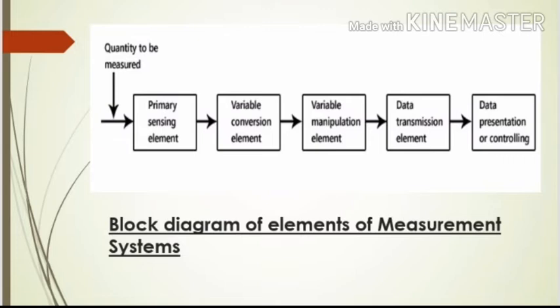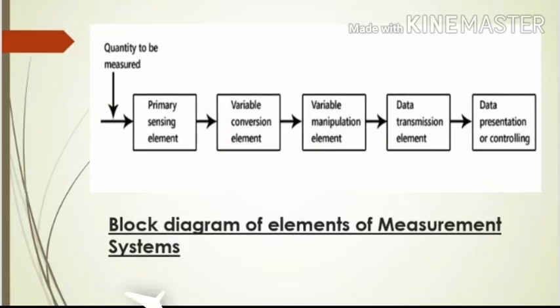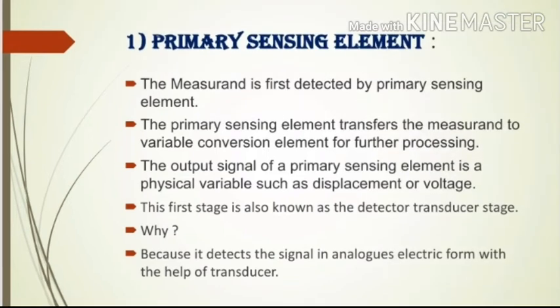The data transmission element transmits the data to data presentation element where the data would be controlled, and its final stage where we get output in suitable form. So let's start understanding the elements one by one in detail.